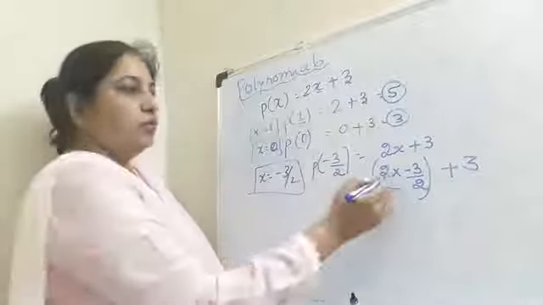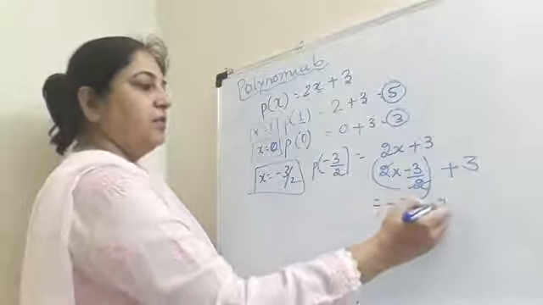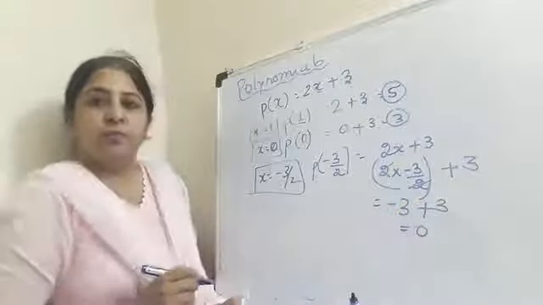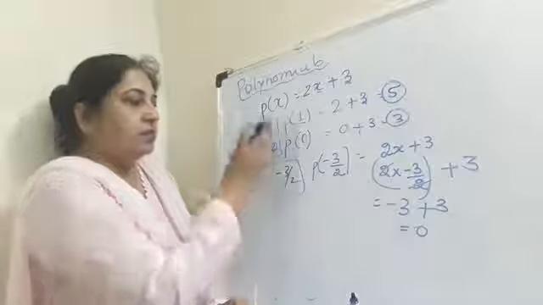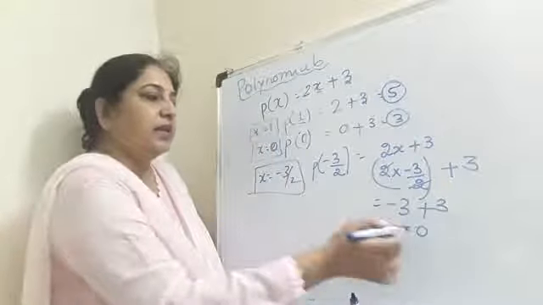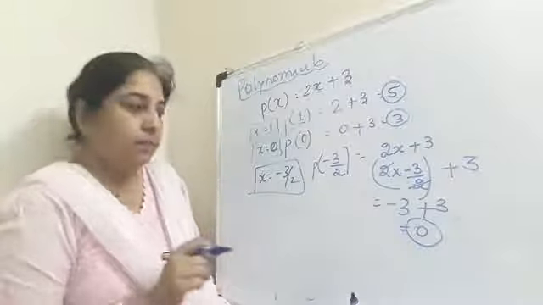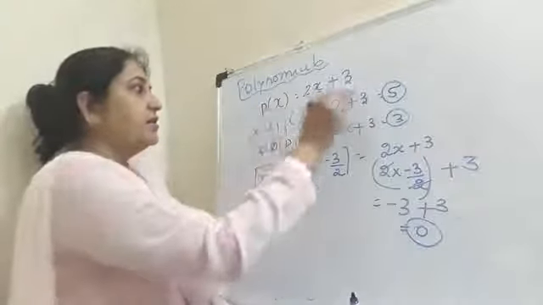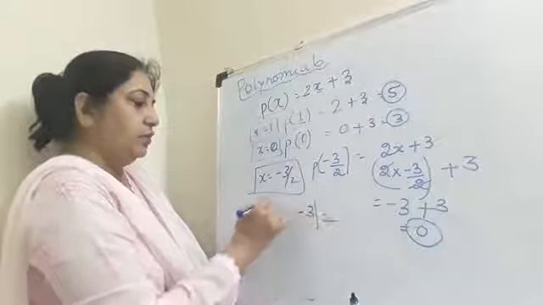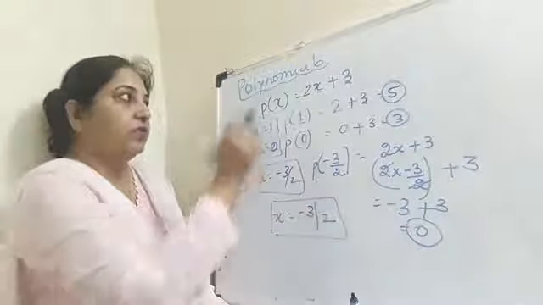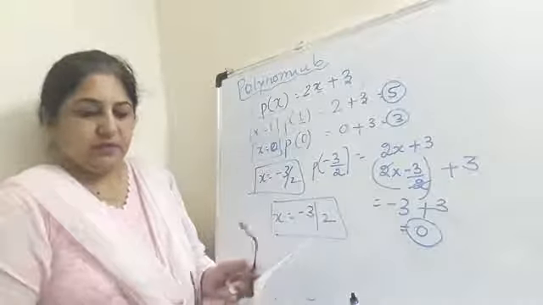When I say 2 into minus 3 by 2, this 2 will cancel and I will get minus 3 plus 3, which is equal to 0. So we can assume any value of x, and whichever value will give us 0 will be called the zero of the given polynomial. So in this case, x is equal to minus 3 upon 2 is the zero of the polynomial, right? So these types of questions I've taken out.